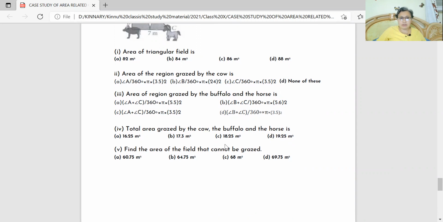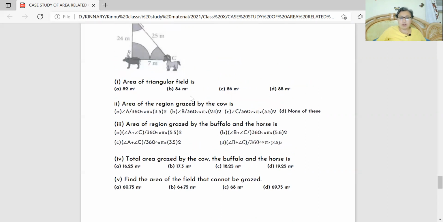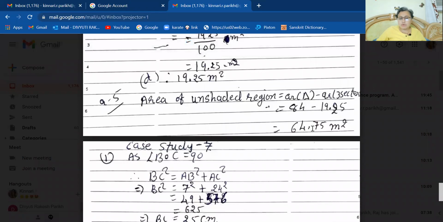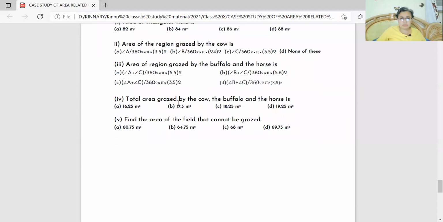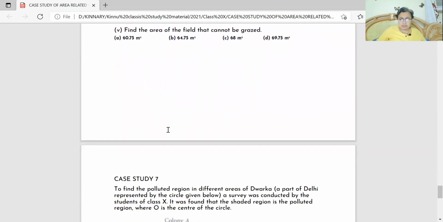The area of the triangle you have already found, that is 84 meter square. From that you need to subtract 19.25 meter square. So what will be the answer? The answer will be 64.75 meter square. Let's check. 64.75 meter square means option B is the correct answer.